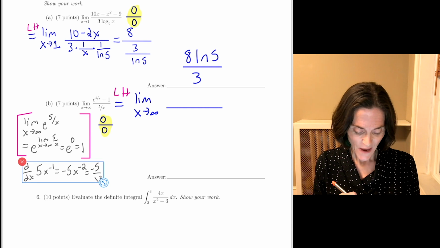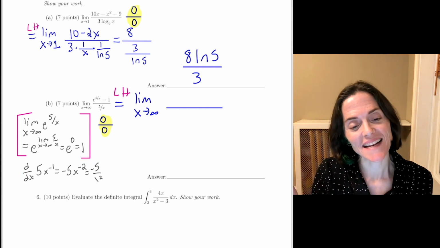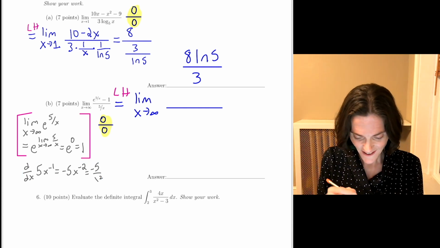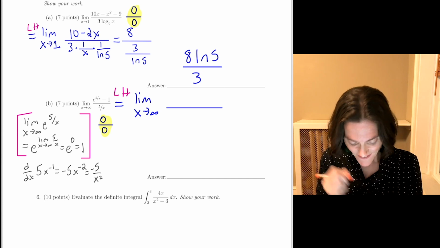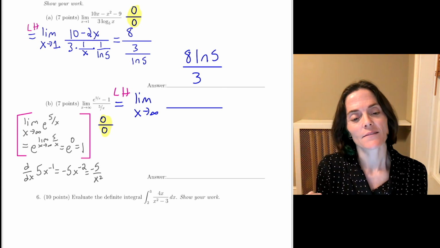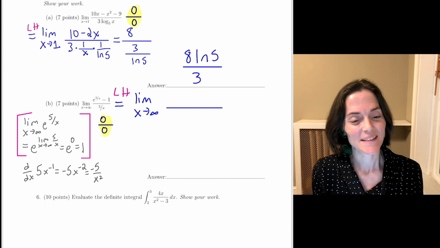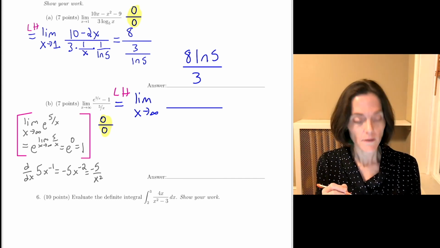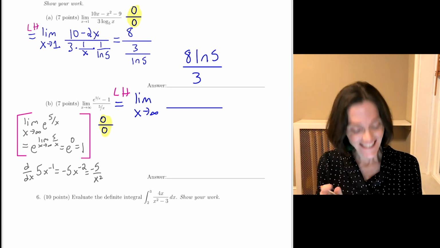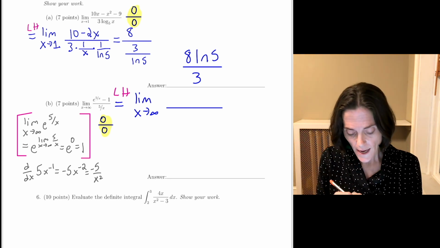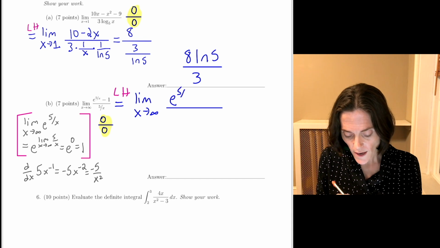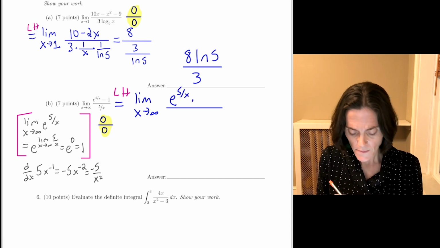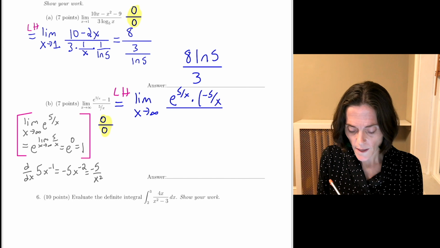When we differentiate 5x to the minus 1, we have minus 5 over x squared, power rule. Okay, so now let's jump back into this question. We differentiate e to the 5 over x. We get e to the 5 over x times minus 5 over x squared.